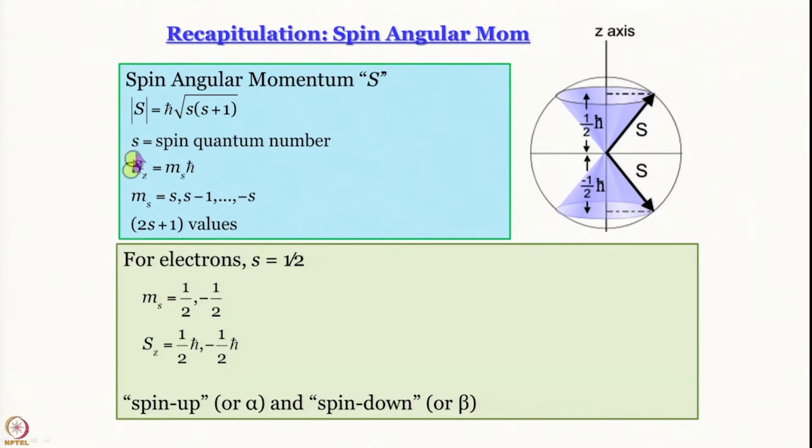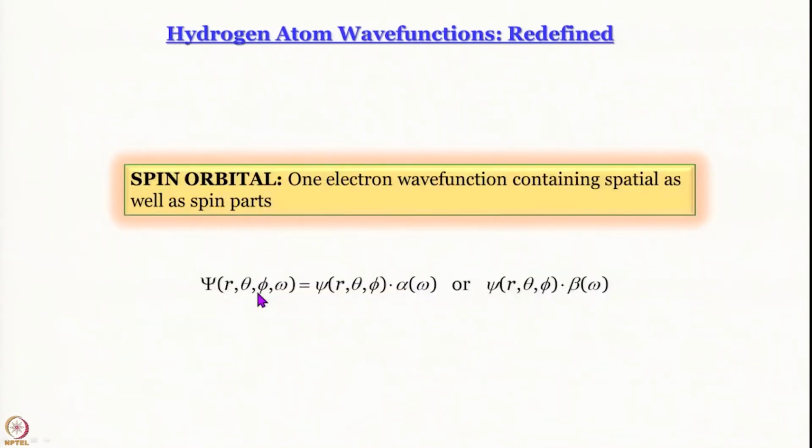So, spin angular momentum S is given by h cross into square root of s into s plus 1, where s is the spin quantum number, and the z component of that angular momentum is given by Sz, which is ms multiplied by h cross. When we say plus half minus half, we are talking about ms and not about s. And then we know that we have to talk about spin orbitals.